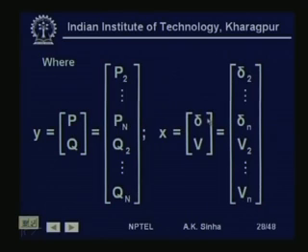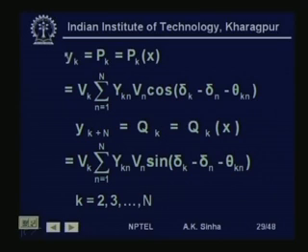So, x is our delta and V, which is delta 2 to delta n and V 2 to V n. So, again we have y k is equal to p k, which is a function of x, and this is written same expression as we have written. Y k plus n is q k.